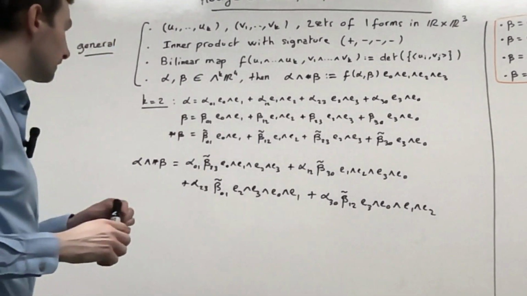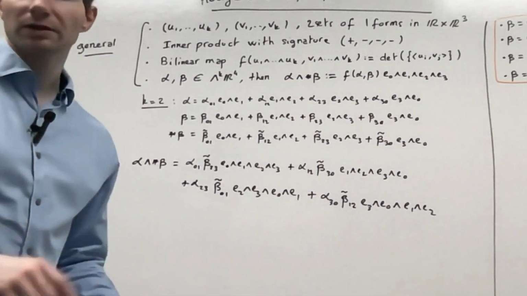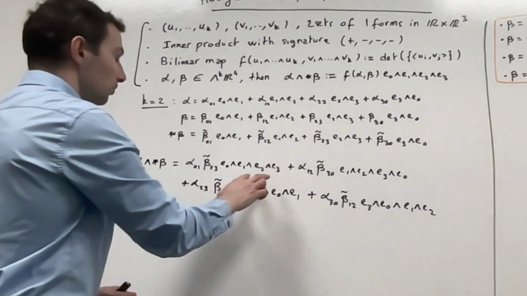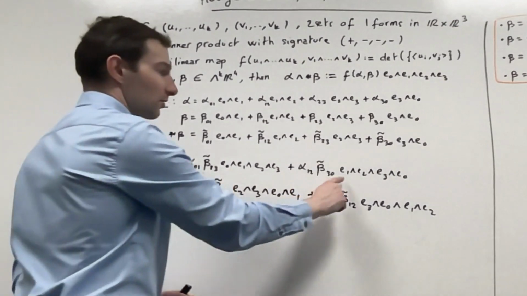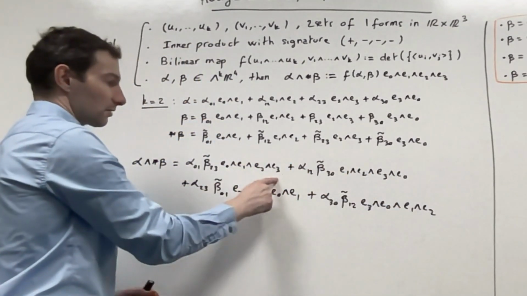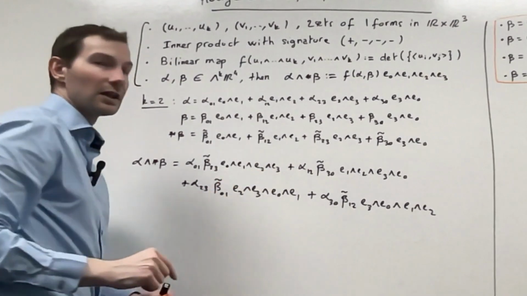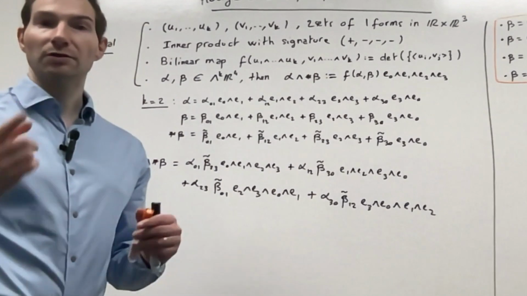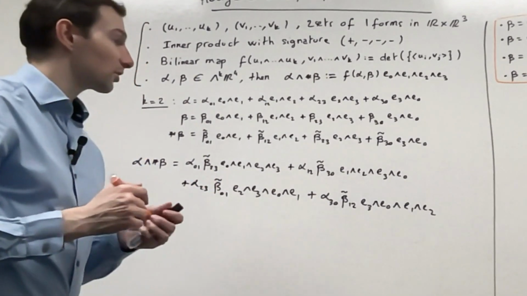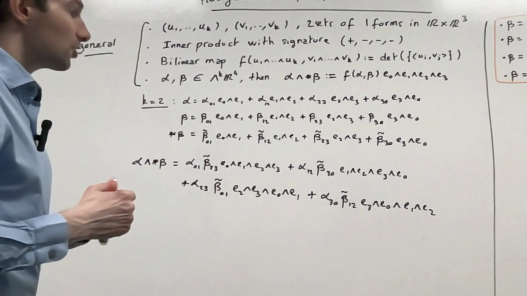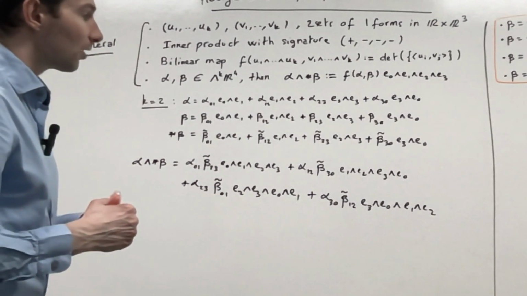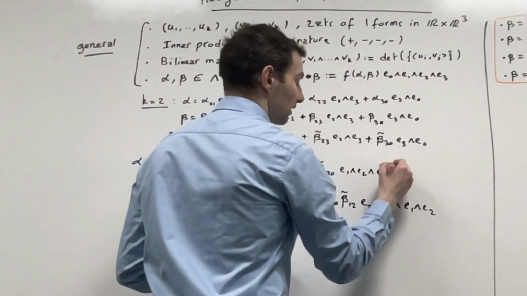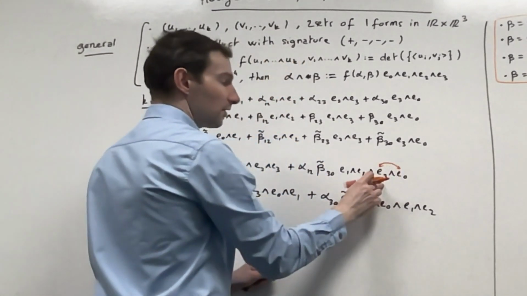So the next step, and that's kind of a complicated one, is that I need to essentially try to apply permutation so that all of these guys are going to look like this one, so in the order 0, 1, 2, 3. And you need to remember that each time you permute two of these guys, you're going to get a minus sign. And that's what we need to actually count. So here, I can do a first swap between E0 and E3.